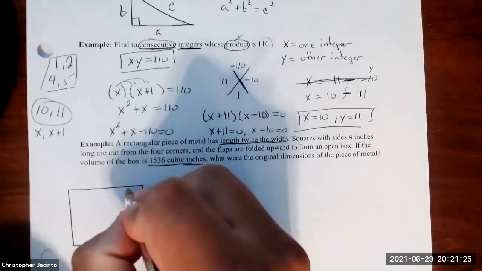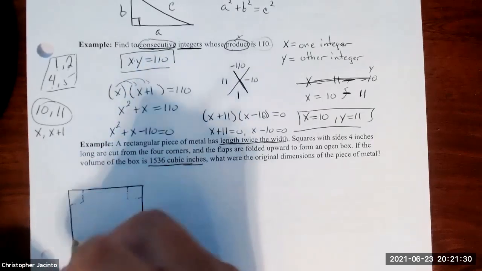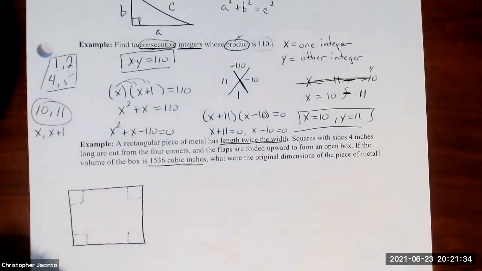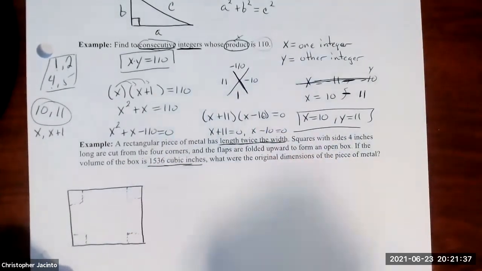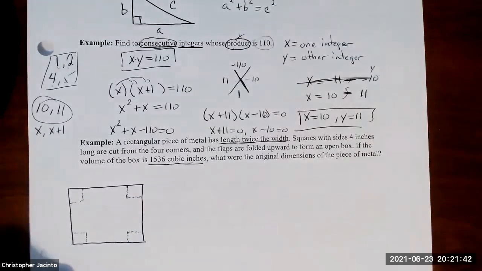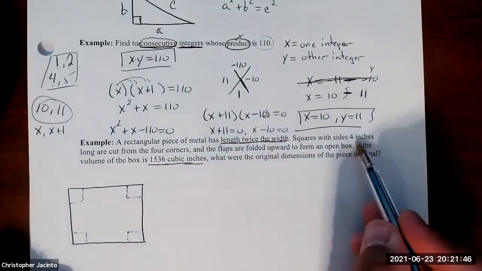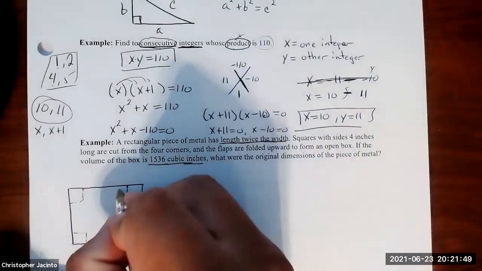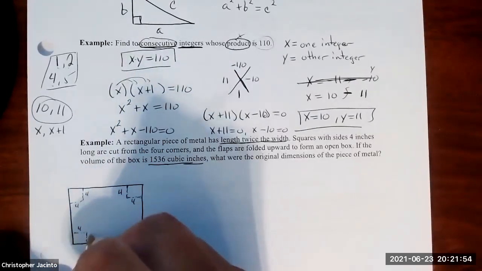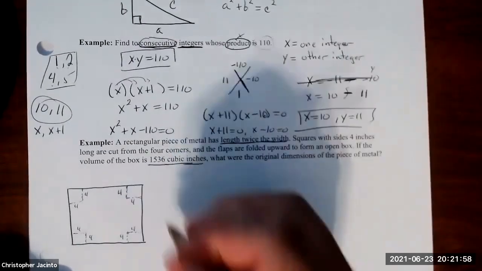So we're cutting corners here like this. Now it tells me these little squares are 4 inches long. So this is like 4 by 4 here, cutting them 4 on each side, like that. So we're literally cutting these out.